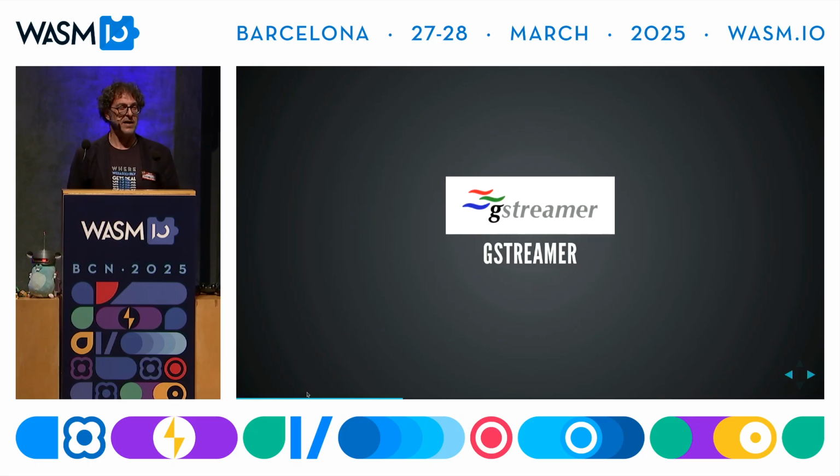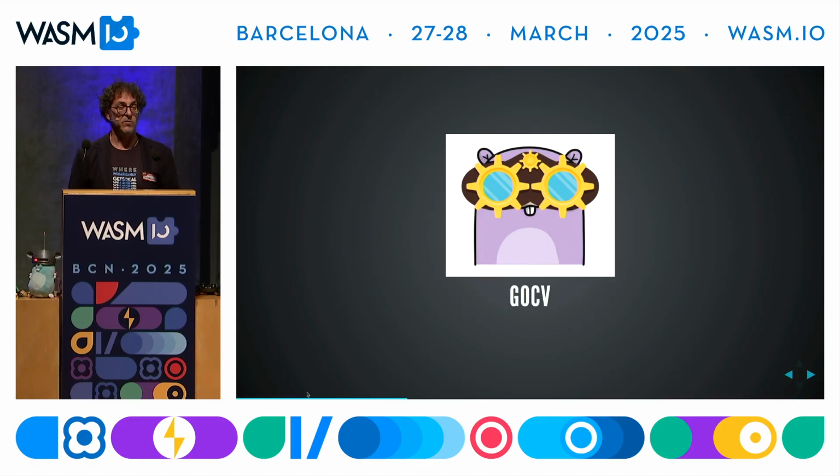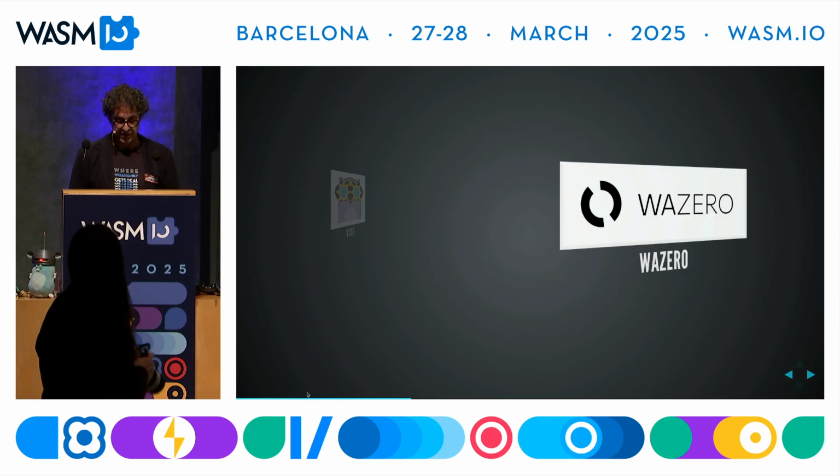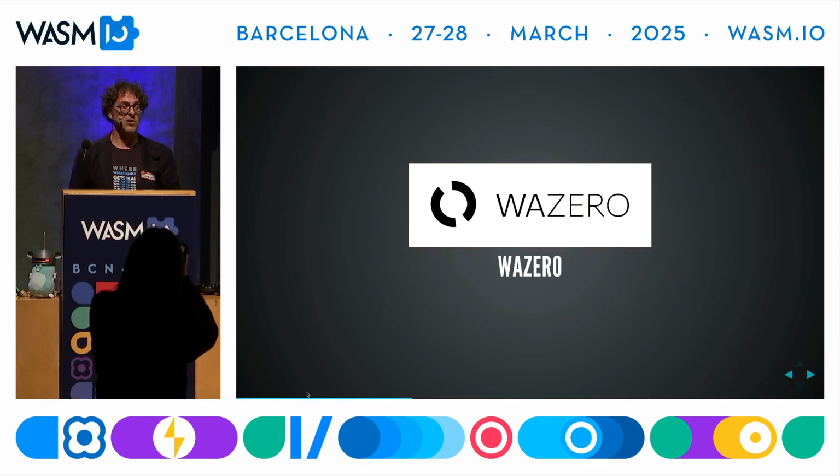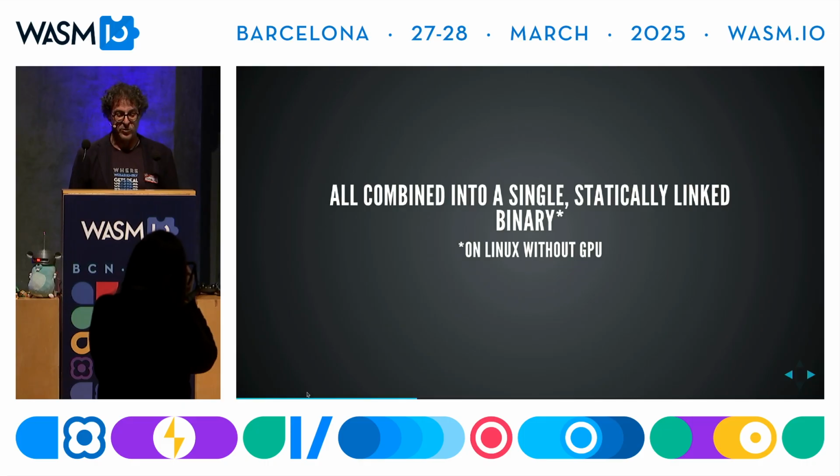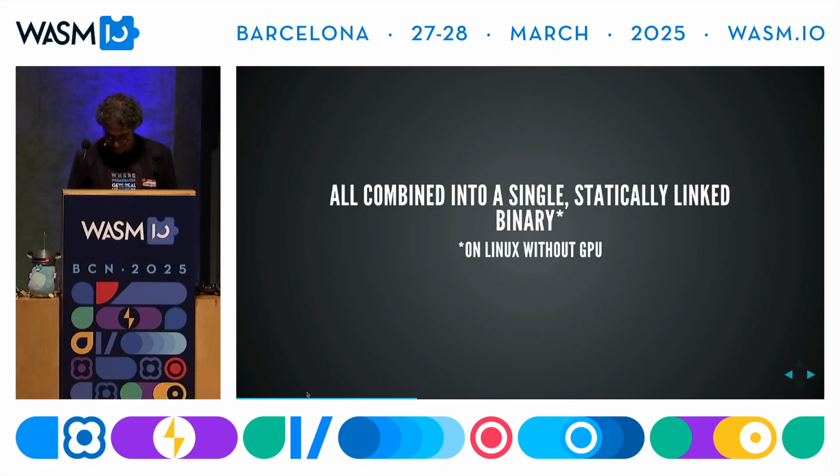GStreamer, which is yet another complete toolkit for doing computer vision processing. GoCV, which is what's controlling all of this. And then wazero, which is our WebAssembly runtime. And all of this combined into a single statically linked binary, as long as you're running on Linux without a GPU. Some other rules may apply.